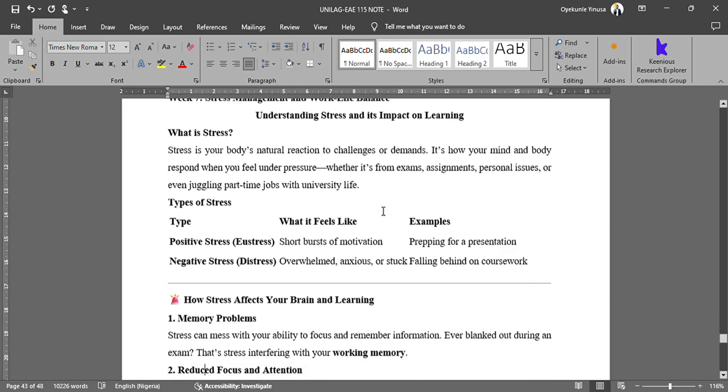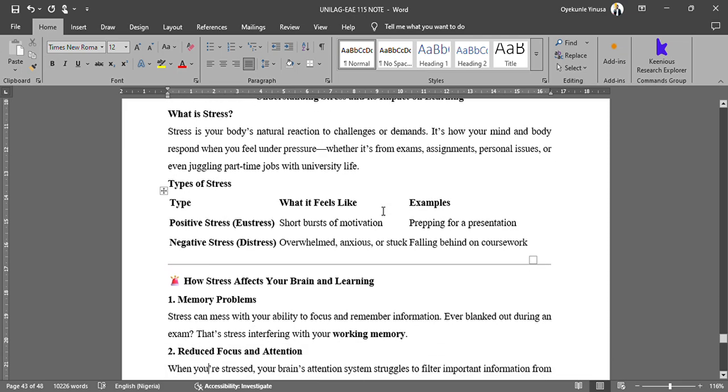Types of stress. Well, we have positive and negative stress. The positive stress is called eustress. What do we mean by eustress, or how does it feel to experience eustress? Eustress is a short burst of motivation. You don't have motivation to carry you to the end. So just know that you are having eustress, a positive stress.